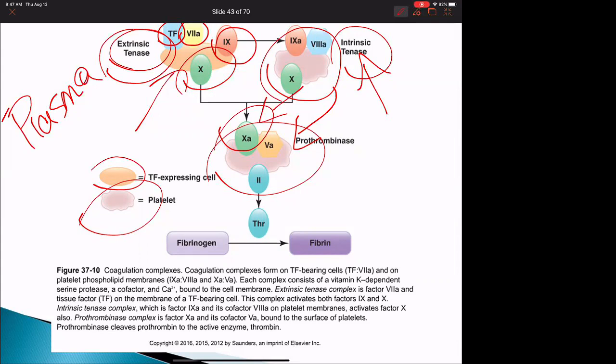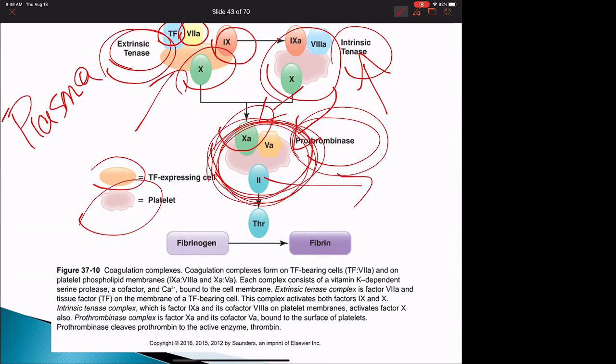Now, the prothrombinase complex, which is this right here that you're seeing, is activated factor 10, and its cofactor is activated factor 5 that's bound on the surface of a platelet. This is called prothrombinase. It's called prothrombinase complex because it cleaves prothrombin to the active enzyme thrombin.